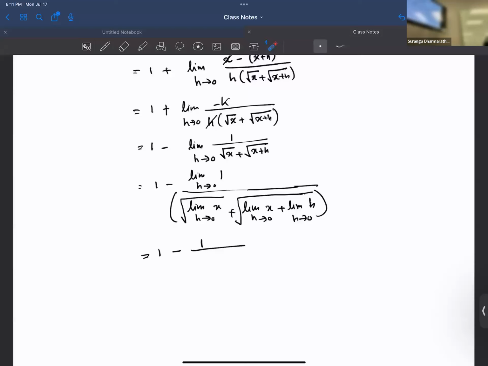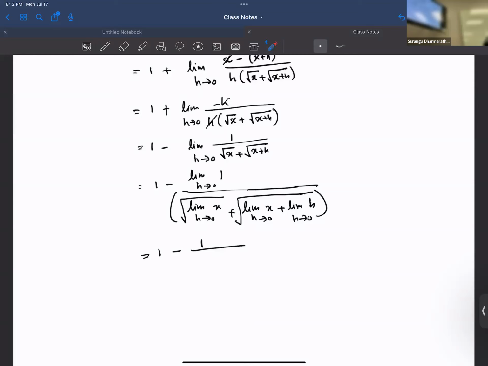Is x the variable here? What is the variable here? Which variable goes to 0? h goes to 0. So x acts as a constant. Right? x is a constant.